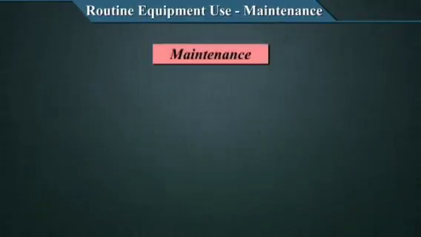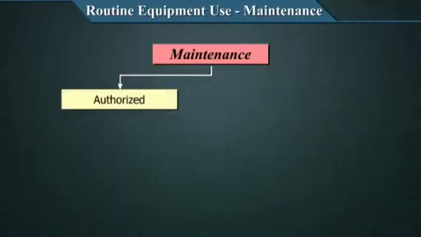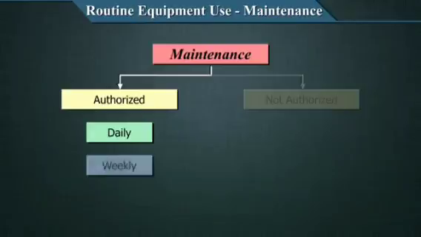So now we have to move on to your next concept, and before that we would like to just recap about the maintenance part. We have talked about two kinds of maintenance here. One is the authorized maintenance steps done by the laboratory staff in a scheduled way, daily, weekly, monthly, or as required.